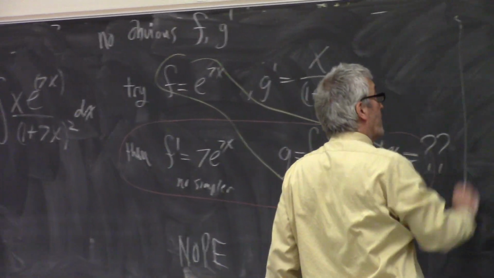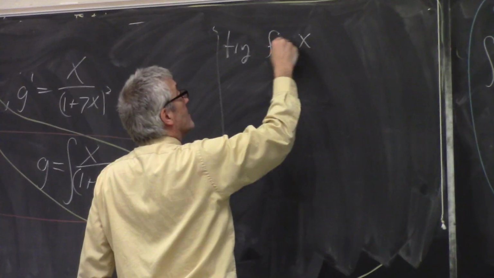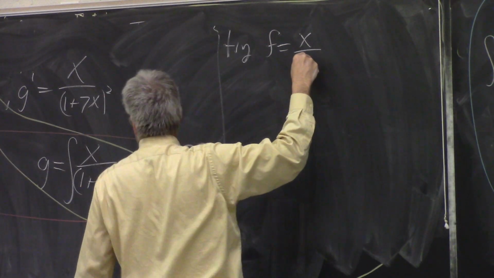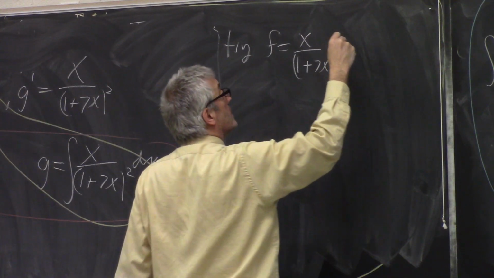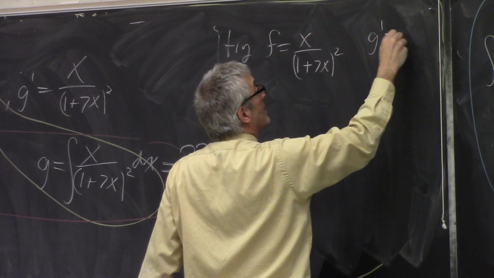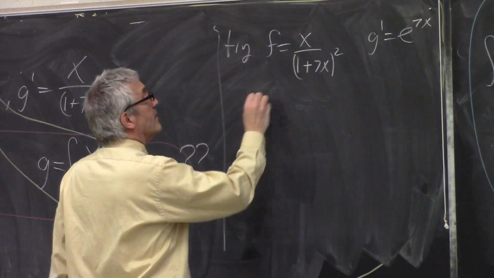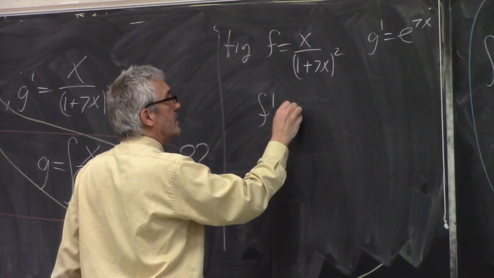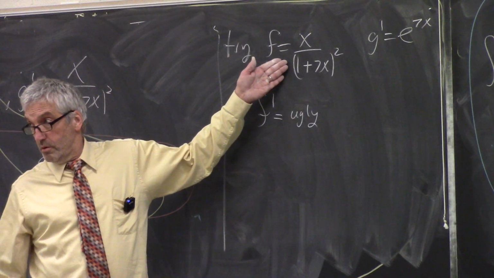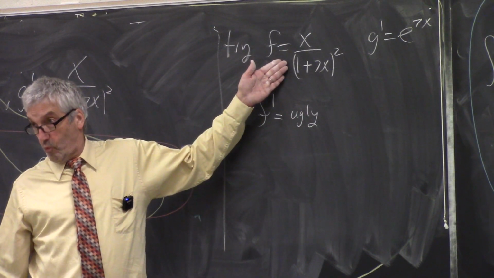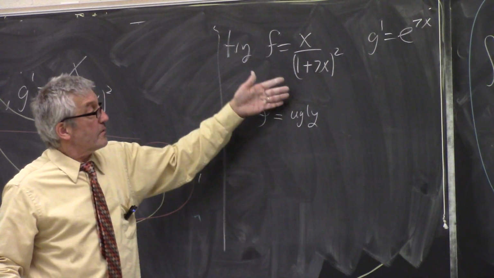Let's try the other way around. Let's try f equals x over (1 plus 7x) squared, and g prime equals e to the 7x. Well, in this case, f prime is going to be ugly because you use the quotient rule and you're going to have the bottom squared, so something even uglier than this.